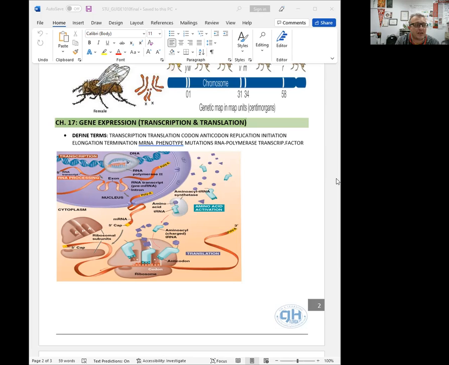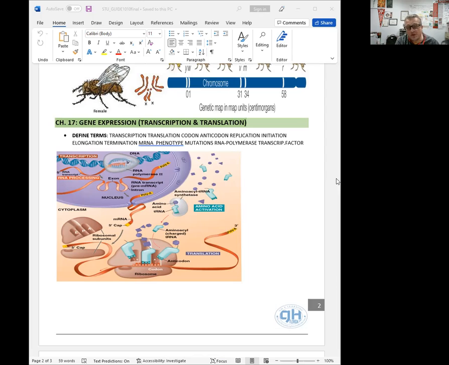You can also replicate DNA to make more DNA, so don't forget about that. Then we transcribe it to mRNA, and then we translate the mRNA into proteins, polypeptides, which is at the same time the phenotype.